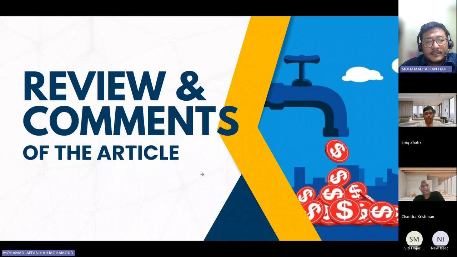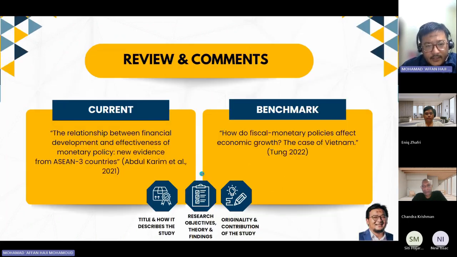Next, we will start on the review and comments of the article and have some comparisons with another similar article. I will start off with the current article, which is the relationship between financial development and effectiveness of monetary policy, the new evidence from ASEAN 3 countries by Abdul Karim et al. 2021.